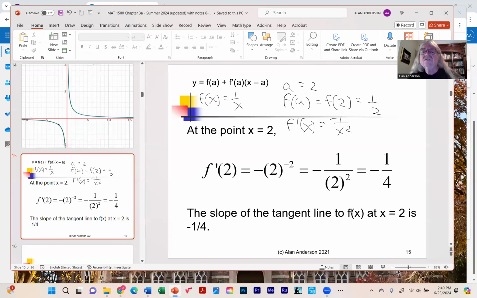So f prime of 2 is negative a quarter. So we have A, we have f of A, and f prime of A. And so when we plug these into our equation, guess what we get?